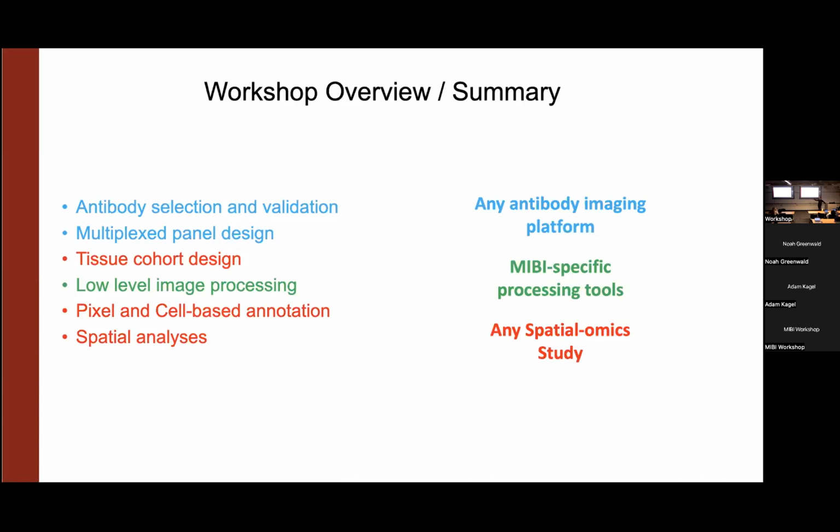We definitely had some MIBI-specific things that we talked about. But more importantly, a lot of the tools today, some of the stuff we talked about yesterday, and some of the stuff Barbara Engelhardt presented, are general spatial omics tools, right?